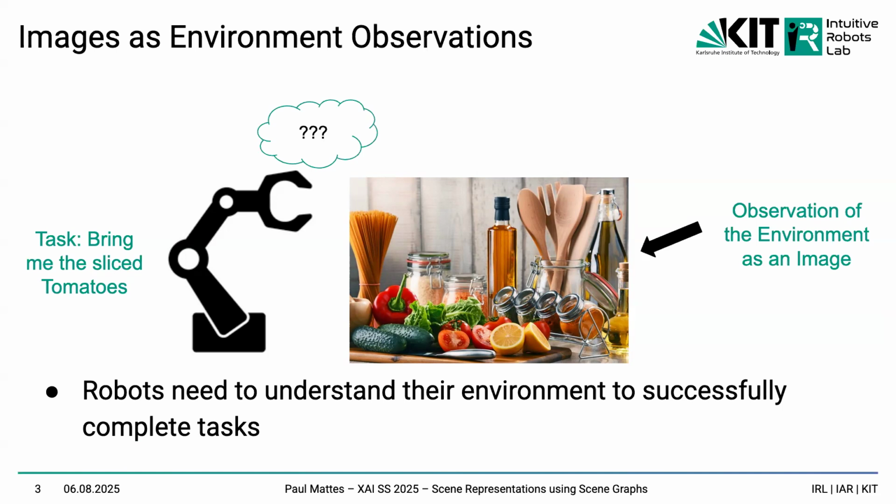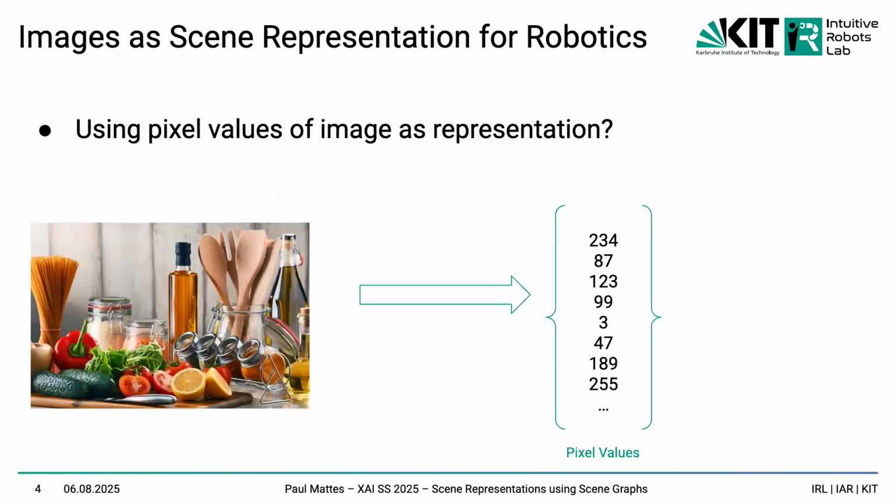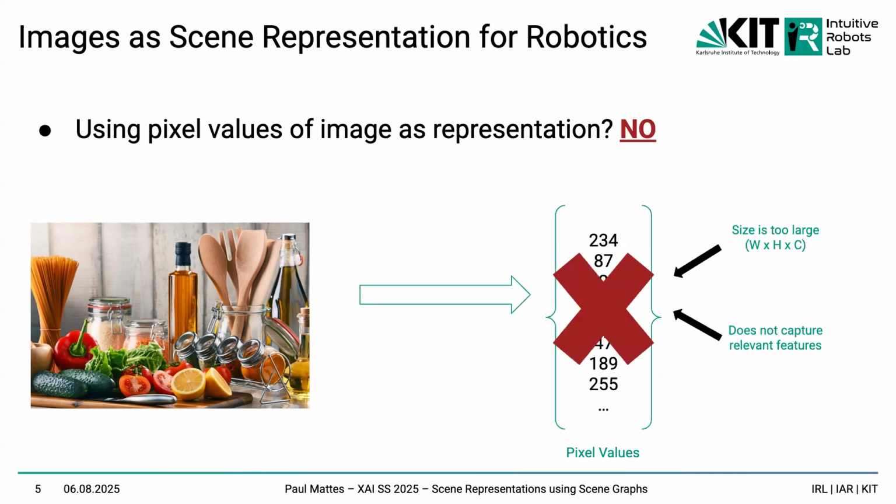So what can we do with an image? We could use, for example, the pixel values of an image as a representation and just flatten it into one vector and put this into our model. What is a problem with this approach? Yes, incredibly high dimensional, because we get the width, height and channels as input numbers.